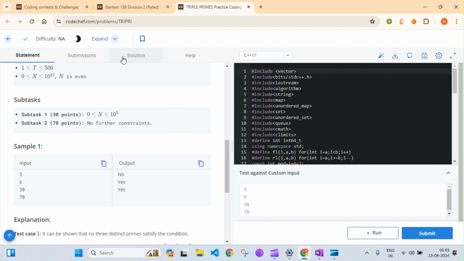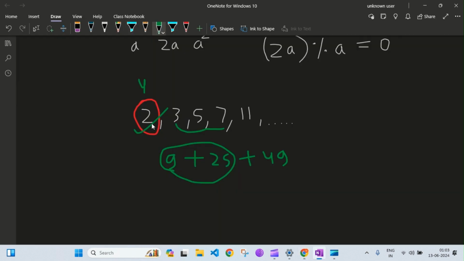Okay, so now let's go on. What after that? We have already one among them. If we have A, B, C, three different primes, then we have already sorted one. This A is definitely going to be 2, right? Now we are left with finding these two.